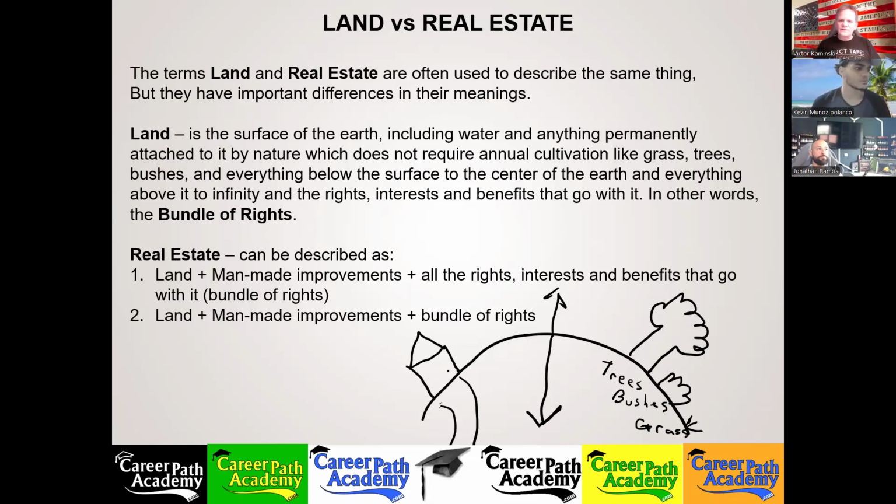And everything below the surface to the center of the earth, and everything above it to infinity. And the rights, interest, and benefits that go with it. In other words, the bundle of rights. Real estate also includes man made improvements. So it's the same definition of land plus man made improvements. And that can be described in two ways: land plus man made improvements and all the rights, interest, and benefits that go with it. Or you could simply say land plus man made improvements plus the bundle of rights. Okay.